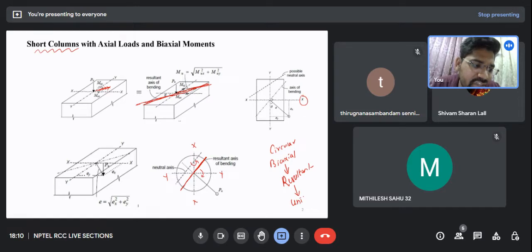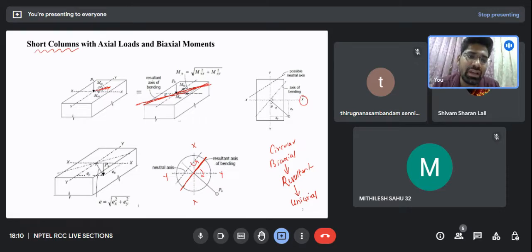It would make no change, because my axis of bending is still lying along the bending axis. So if you take a rectangular section, it is important to take both of the moments and solve it. For the ease of simplicity, in the case of a circular cross section, we can take the resultant of the moments and solve it as a uniaxial moment.